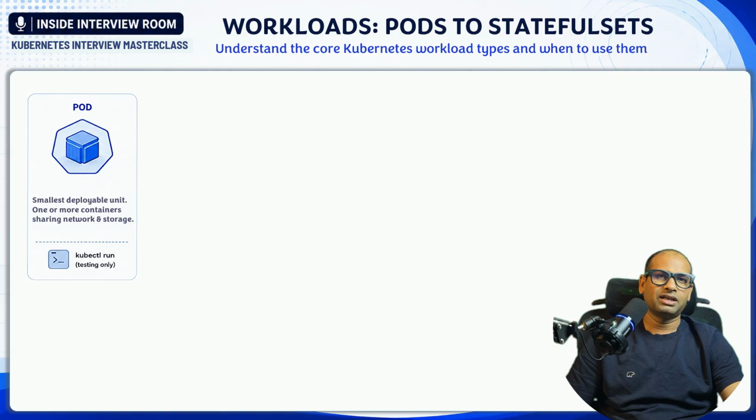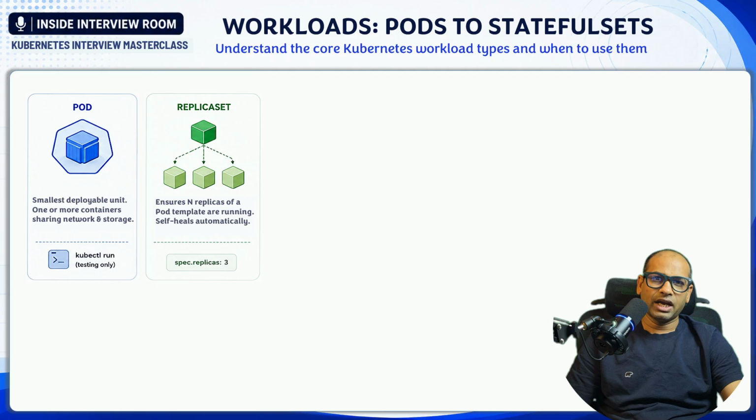One or more containers that share a network and storage. Here is the thing freshers get wrong. You almost never create a bare pod. You run kubectl run for a quick test and that's about it. Real workloads are wrapped in something smarter.